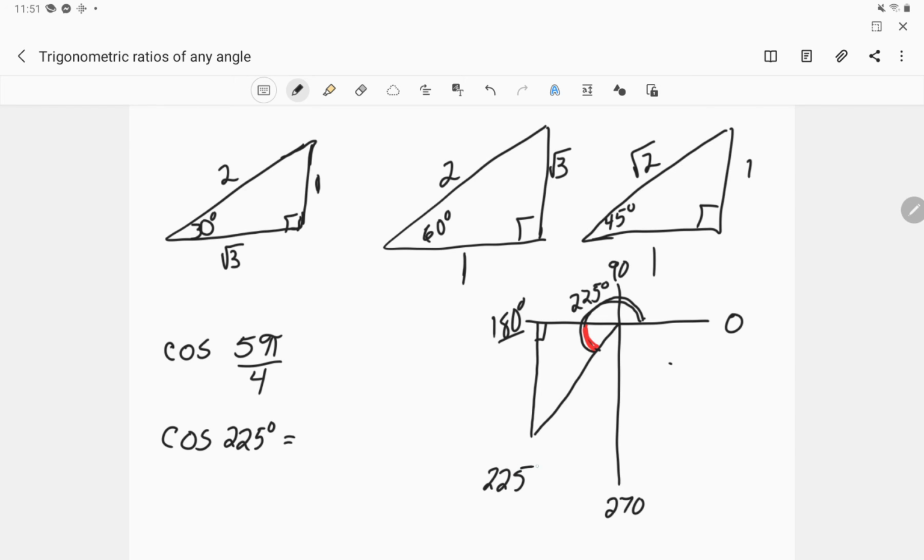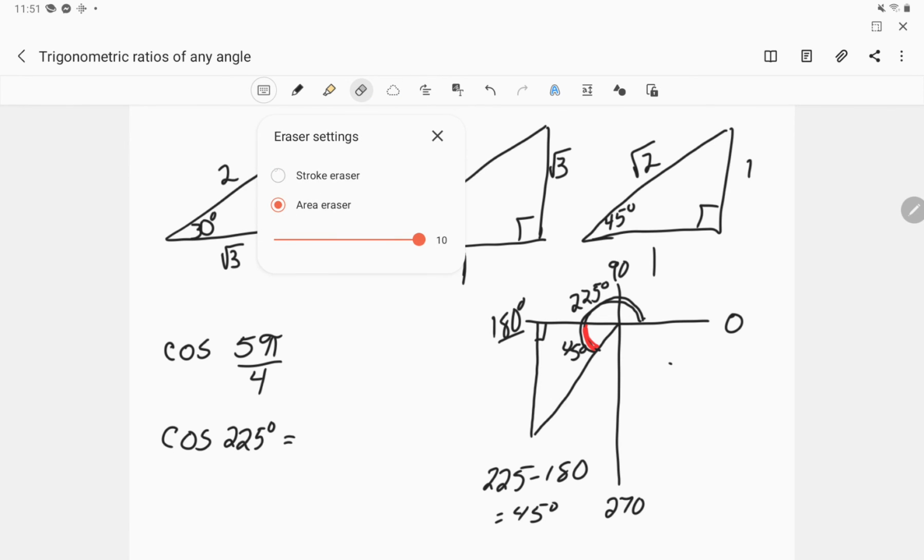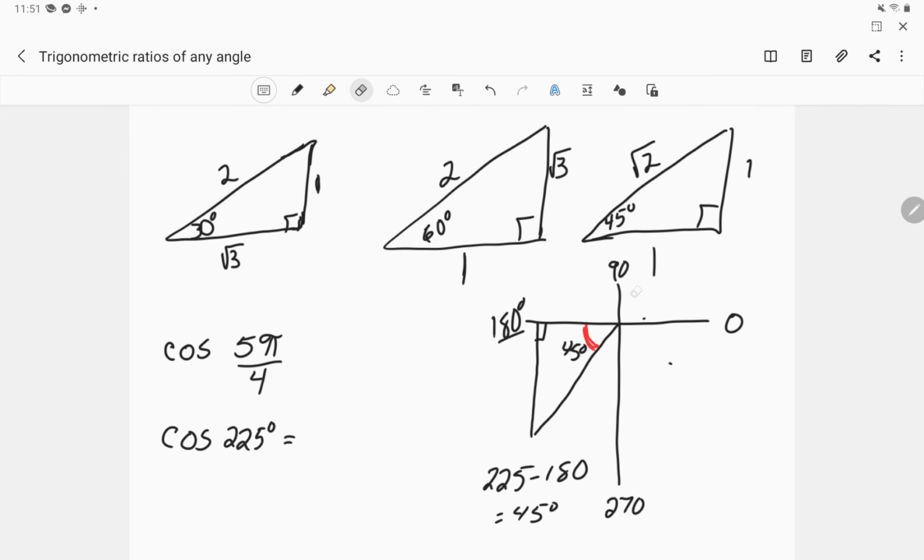So if I do 225 minus 180, that gives me 45 degrees. This is a 45-degree triangle. So if that is a 45-degree triangle, and it's here in this quadrant, I know that my opposite and my adjacent sides are both 1, but based on the quadrant it's in, I'm going back 1 and I'm going down 1.